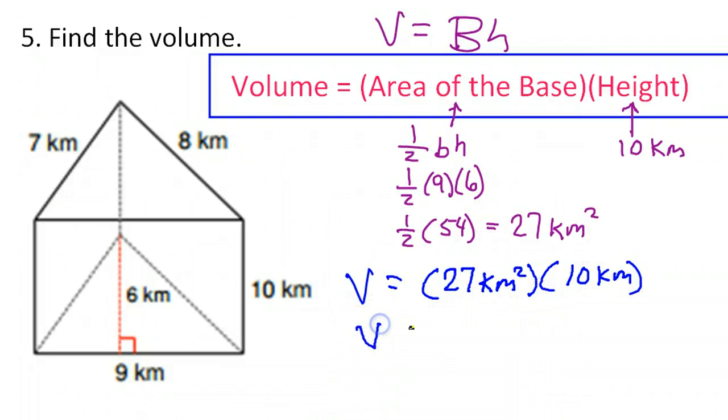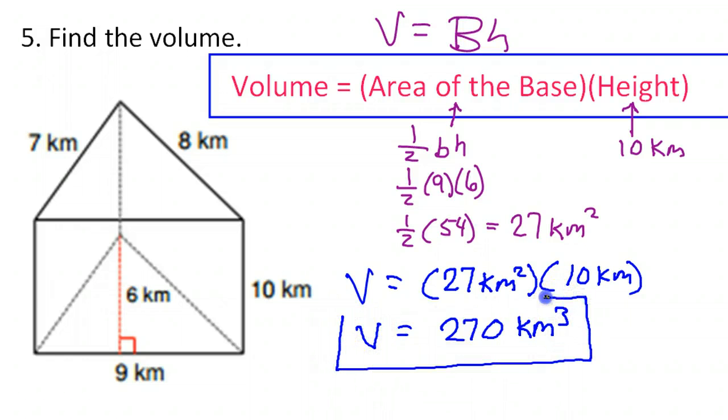And we don't need a calculator for this. 27 times 10 is 270. And again, you can see that kilometers squared times kilometers would be kilometers cubed. So that is the volume of this very large shape. So that's it for number 5.